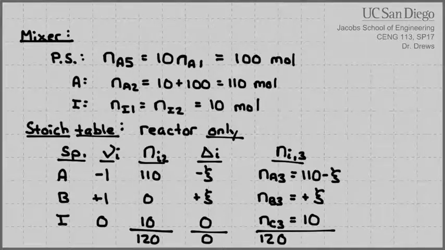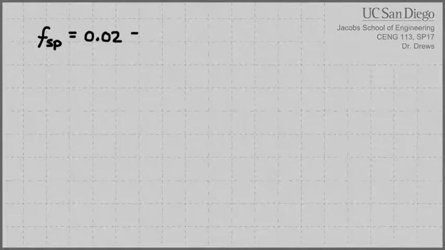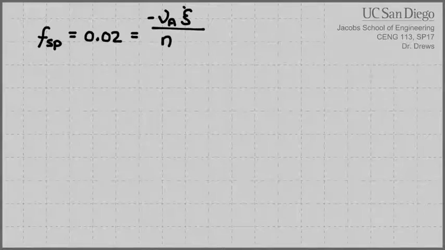One additional piece of information that we have about the reactor is that the single pass conversion is equal to 0.02 or 2%. And remember, this is equal to minus the stoichiometric coefficient of A times the extent of reaction divided by the moles of A in the reactor feed. Remember, this is reactor feed because it's a single pass conversion.